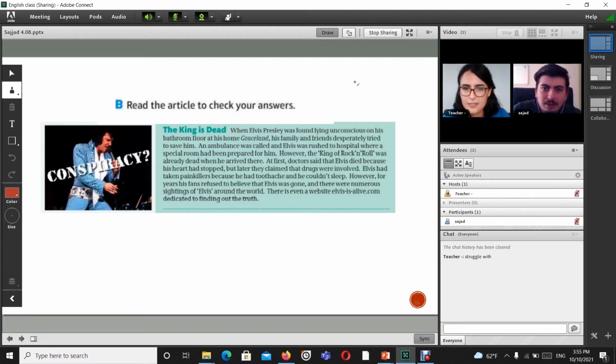His family and friends tried to save him. An ambulance was called, and Elvis was rushed to hospital, where a special team had been prepared for him. However, the king of rock and roll was already dead when he arrived. His doctors said that Elvis died because his heart stopped, though some claim that drugs were involved.